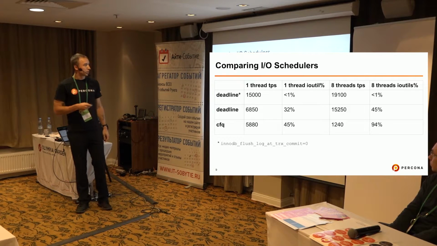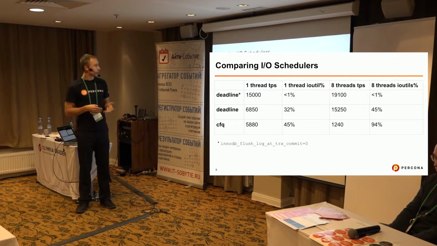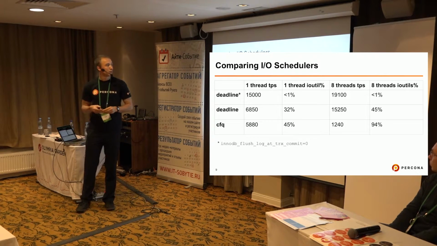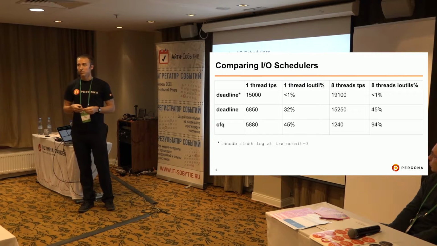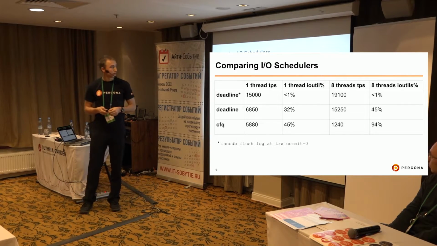For modern MySQL, you wouldn't see that much difference, but the important thing to note here is that deadline is generally better than CFQ, and no-op is on par with deadline, so you won't see much difference in those.